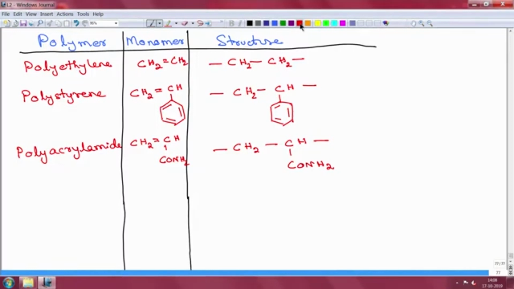Another example is polyvinyl chloride, where we take the X as a chlorine atom. So, this is called polyvinyl chloride, and in this case X is a chlorine atom. So, this is obviously just going to be this form.